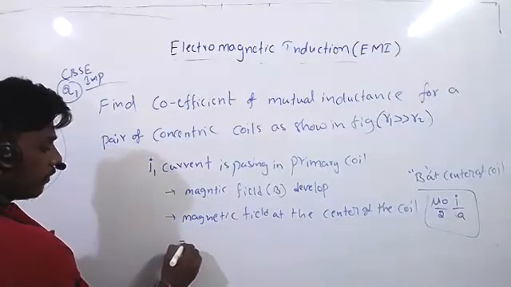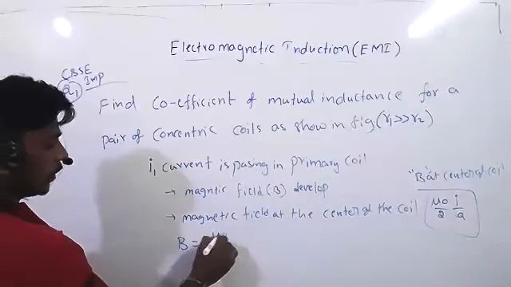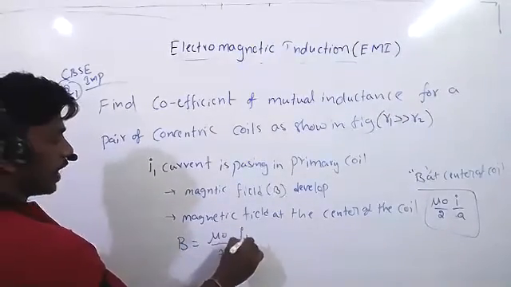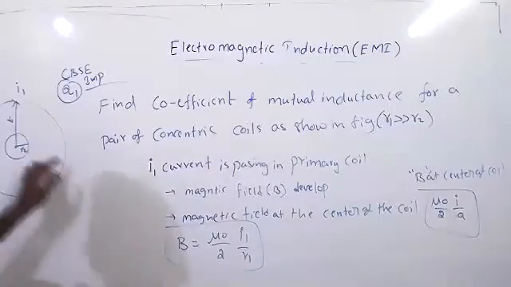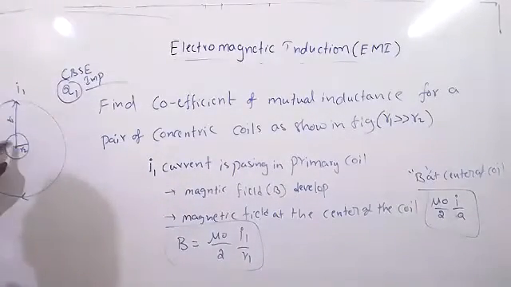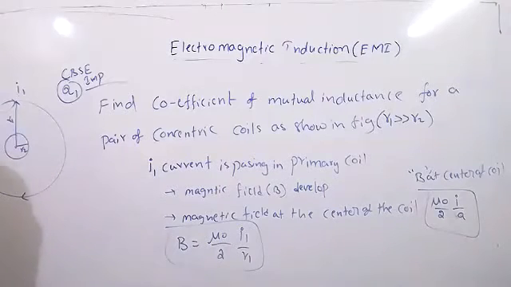So B equals μ0 by 2 I1 by R1. This is the magnetic field developed at the center of the coil due to I1 current at R1 distance.